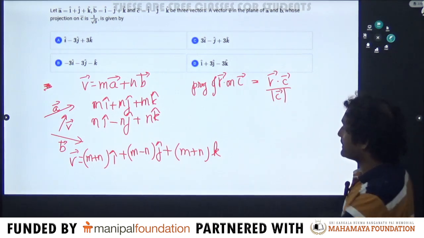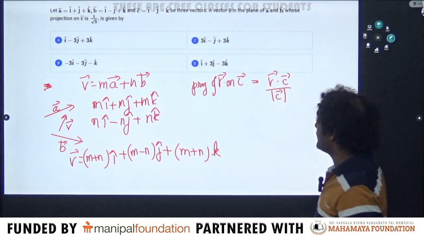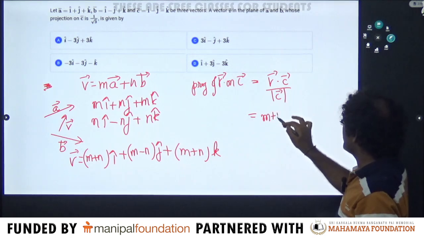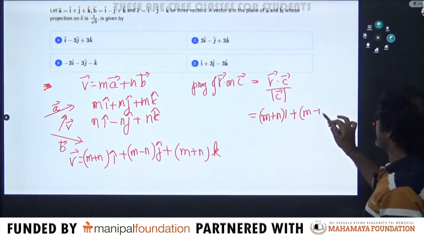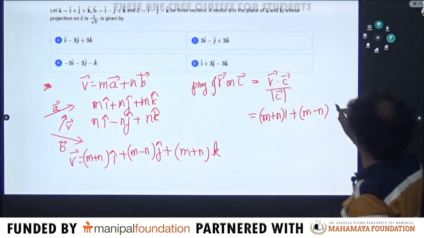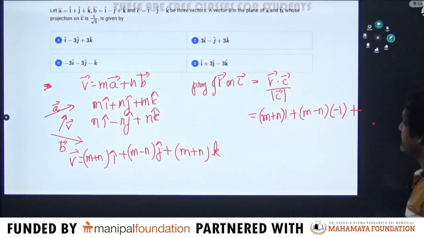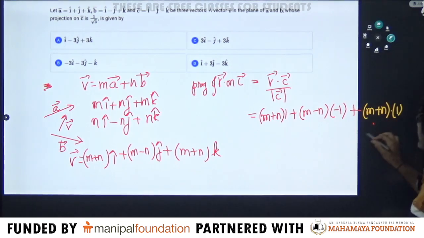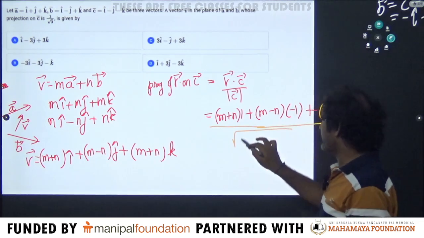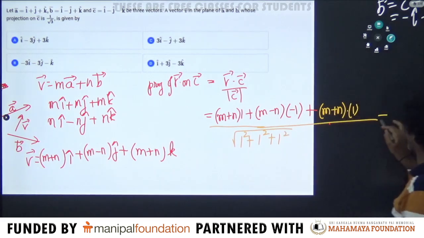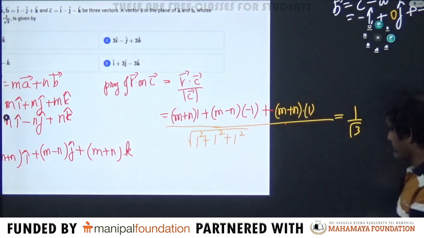So you do the dot product with C vector: m plus n into 1, plus m minus n into minus 1, plus m plus n into 1, whole divided by magnitude of C vector, under root of 1, 1, 1, that is minus 1 squared plus 1 squared plus 1 squared, which they gave as 1 by root 3. Correct? Yeah.